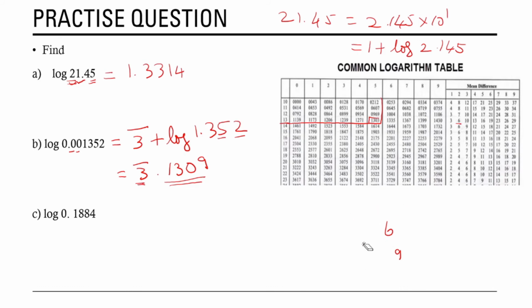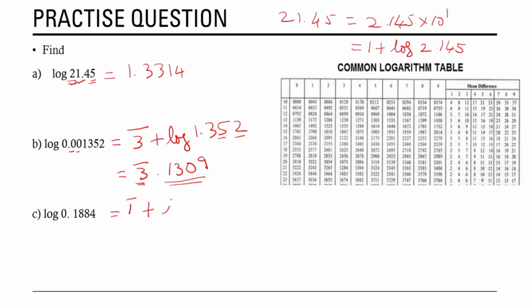The next question, part C: find log of 0.1884. Here there is no 0 next to the decimal point, so the characteristic will be negative of 0 plus 1, which is negative 1 or bar 1.